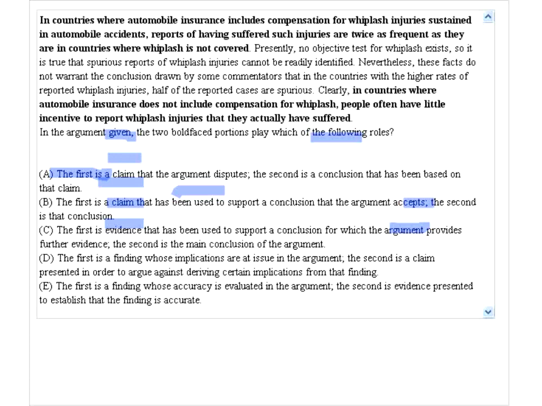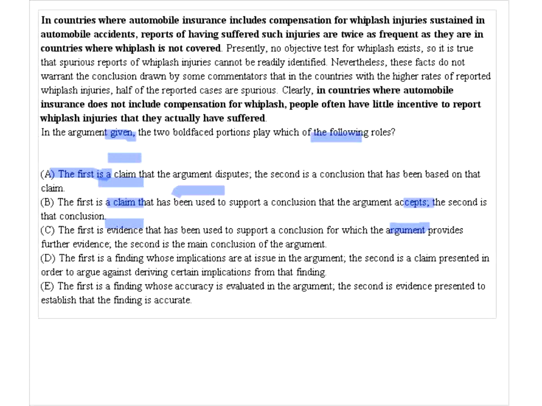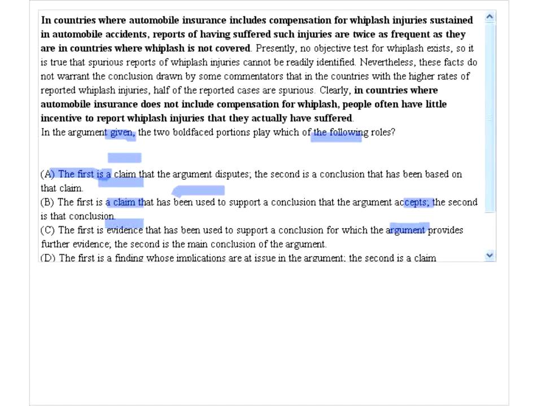Okay. So let's take a look. The first boldface: in countries where insurance includes compensation for whiplash, reports of whiplash are twice as frequent as they are in other countries.